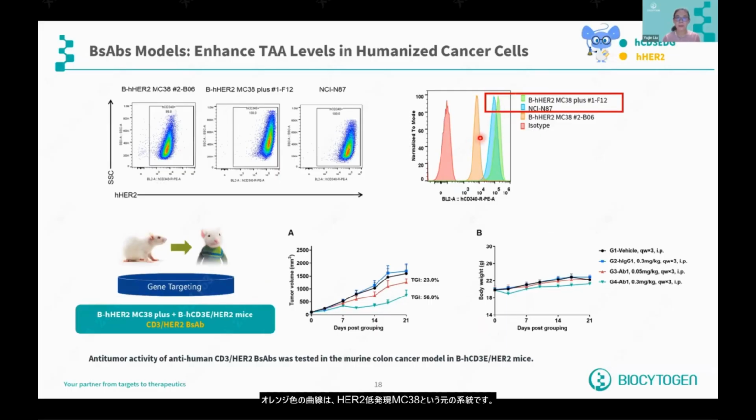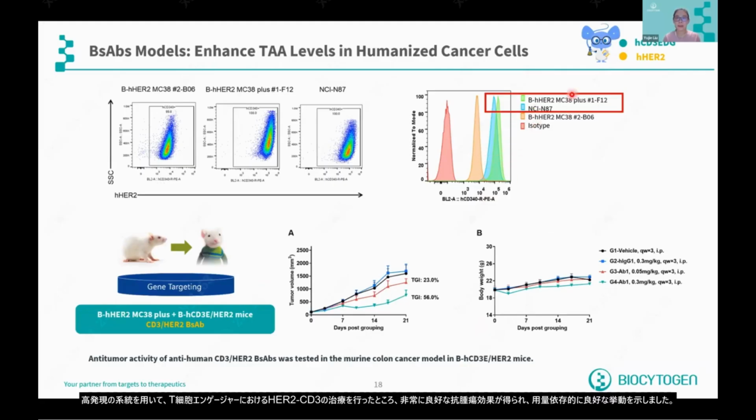And the orange curve is the original version, which is HER2 low expression MC38. Using the high expression version, we gave the treatment of HER2 CD3 T cell engager, and we found a very good anti-tumor efficacy, which also shows a very good dose-dependent manner.